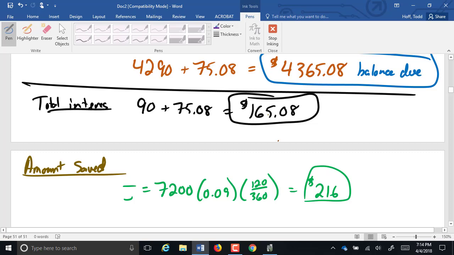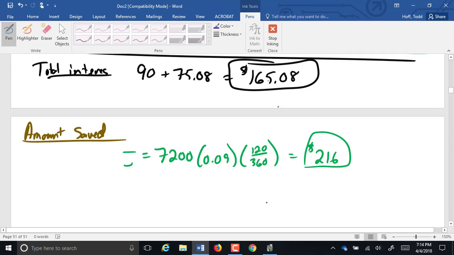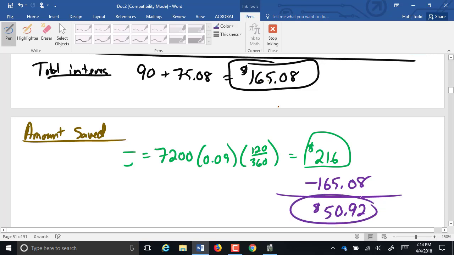Is that what it comes out to be? Okay, 216. Perfect. So now we subtract the 165.08 to get a difference of $50.92. That's the savings. So that's what they saved by making that partial payment partway through.